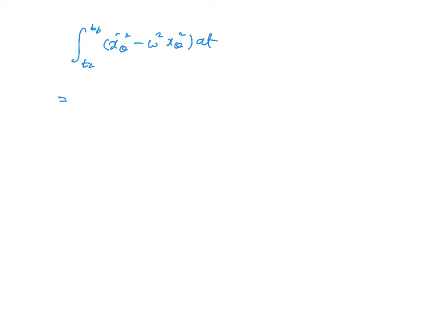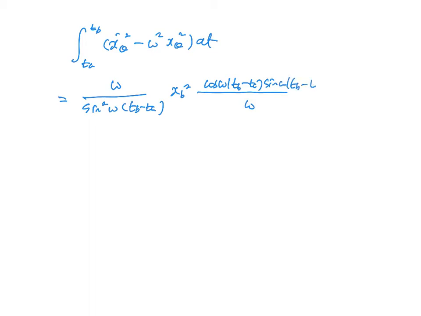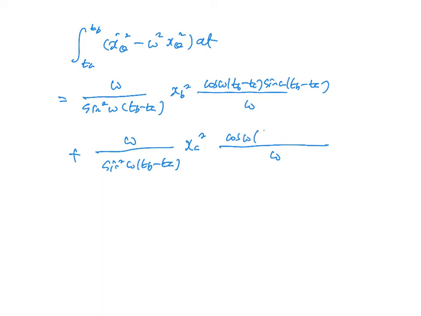So omega over sine squared omega (tb minus ta) times x_b squared times cosine omega (tb minus ta) sine omega (tb minus ta), plus omega over sine squared omega (tb minus ta) times x_a squared times cosine omega (tb minus ta) sine omega (tb minus ta), minus sine squared omega (tb minus ta) times 2 x_a x_b omega.